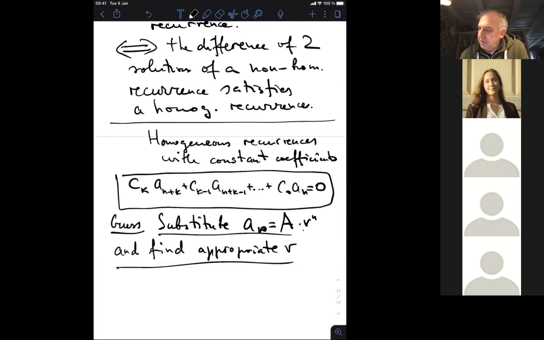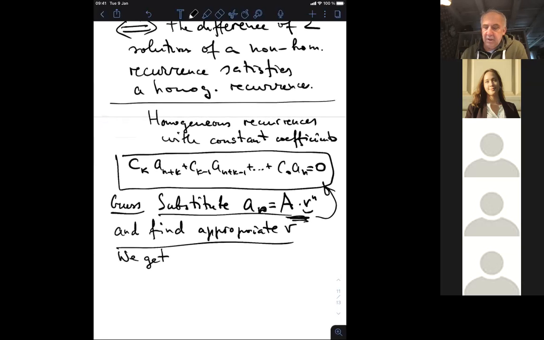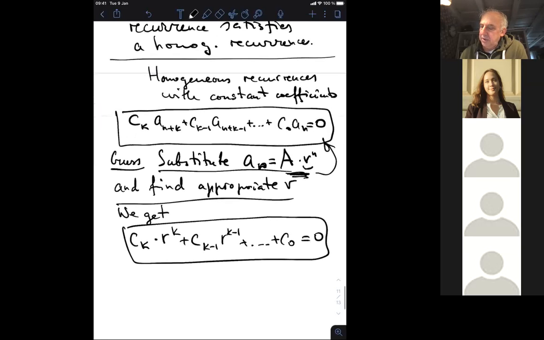And we are looking at what ratios of a geometric progression will work for our specific recurrence relation. If we do such a substitution in our equation, we get that r should satisfy the following equation: c_k r^k + c_{k-1} r^{k-1} + and so on + c_0 vanishes. This is called the characteristic equation.